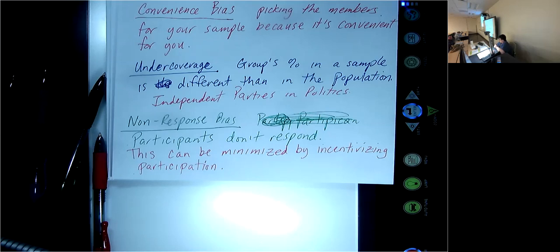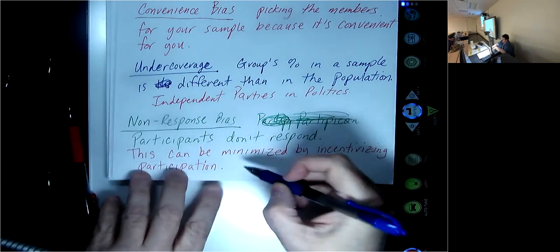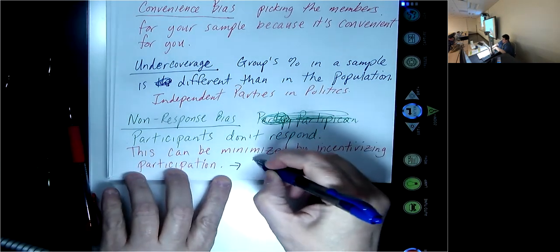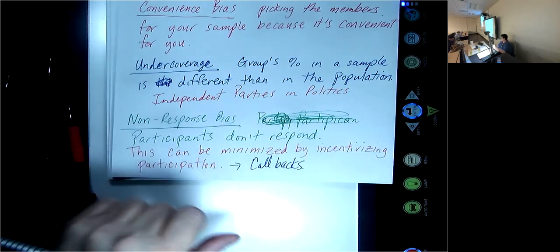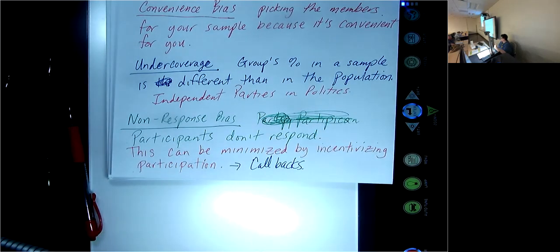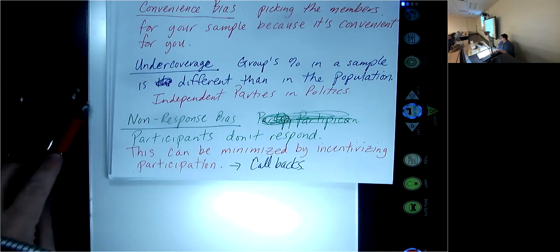Those are examples of participation bias or non-response bias and what you can do about it. Other things they do, if it's a phone call, they'll do callbacks. If you say, I'm sorry, I don't have the time right now, before you hang up they ask if there's a time that would work better for you. And it works. Not all the time.